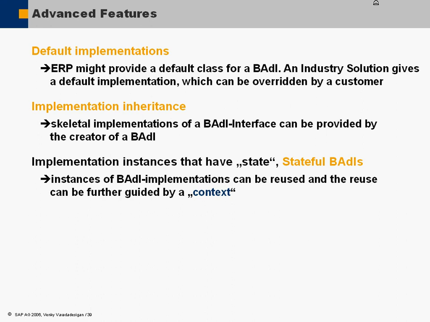And you also have something called context. If you want to have stateful bodies but controlled by a context, you can have multiple instances based on a country or based on several other conditions. So if you want to have multiple instances based on certain context, that's also possible using the context.